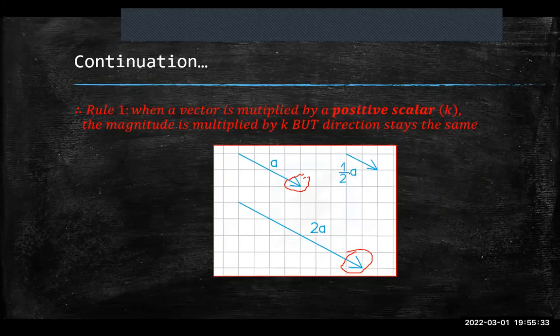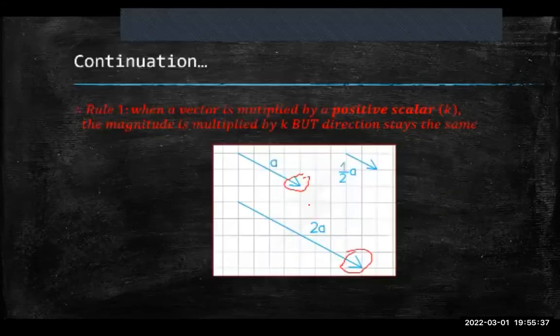Similarly, if I wanted to find a half A, so instead of finding vector 2A, I wanted to find a half A. In this case, k, my scalar value, is a half. So what would happen? According to my rule, the magnitude is multiplied by k. So what does that mean? The magnitude of A would be multiplied by a half.